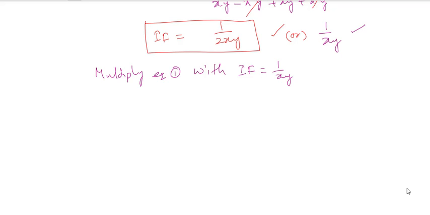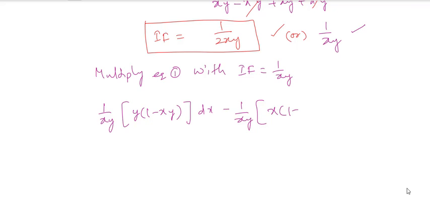If I multiply this, check it out: (1/xy)·y(1 − xy) dx − (1/xy)·x(1 + xy) dy = 0. The y will get cancelled and the x will get cancelled.